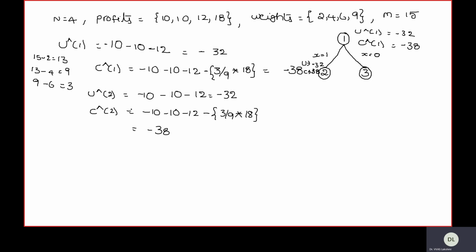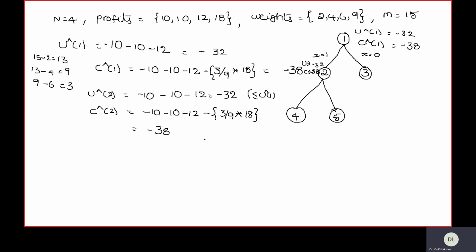Whenever this upper bound is less than or equal to the upper bound of 1, only then the node generates the children. So here minus 32 is less than or equal to the upper bound of 1, that is minus 32. That's why this node is expanded and it will generate 2 children, that is 4 and 5.